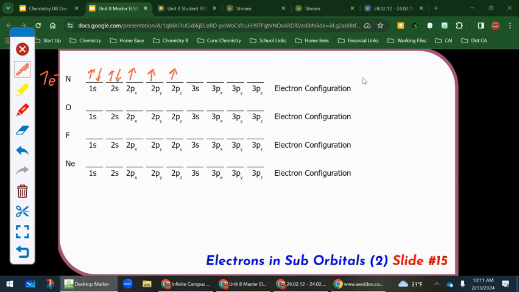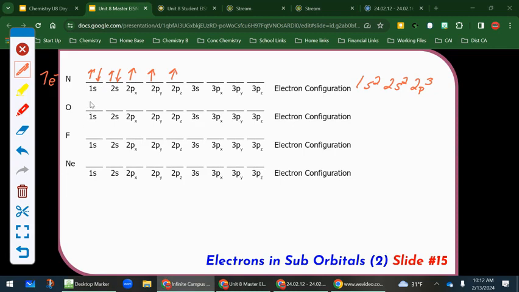Configuration, what do we got? 2p3. By the way, how many electrons total? 2 plus 2 plus 3 is 7. The numbers in your powers better add up to the total number of electrons, otherwise you're wrong.